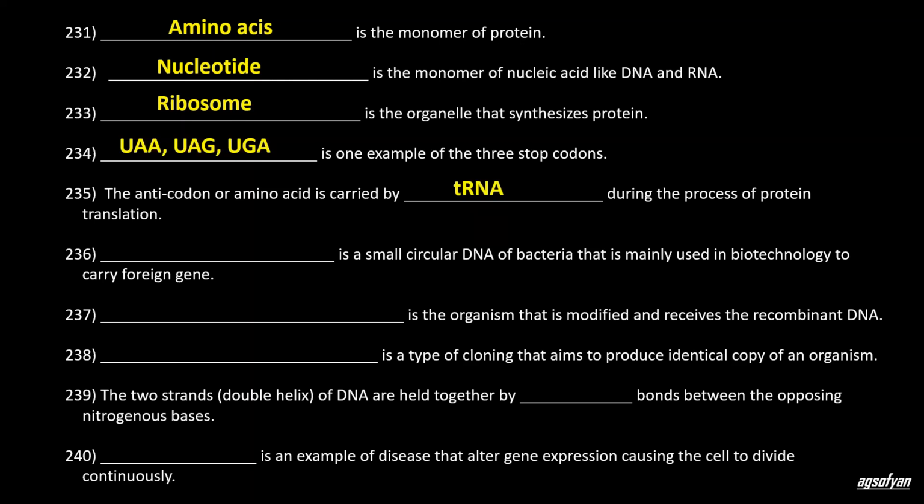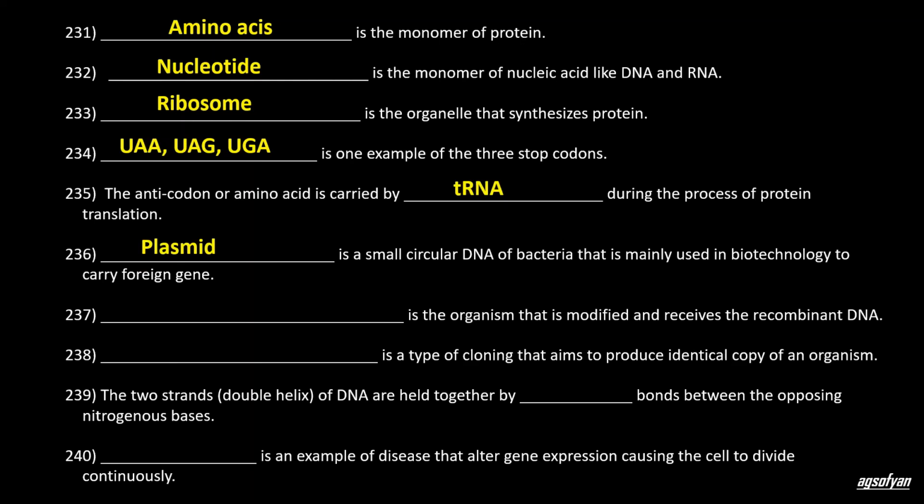Blank is small circular DNA of bacteria that is mainly used in biotechnology to carry foreign gene. That small circular DNA of bacteria is called plasmid, and plasmid is used to carry foreign gene. Blank is the organism that is modified and receive the recombinant DNA.